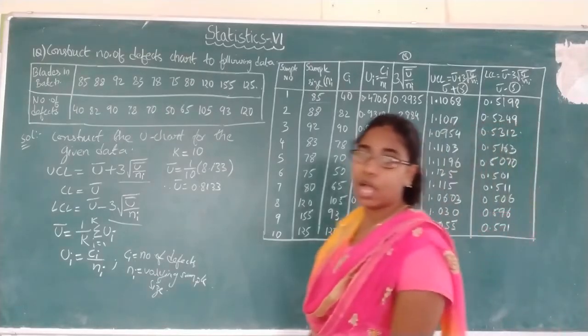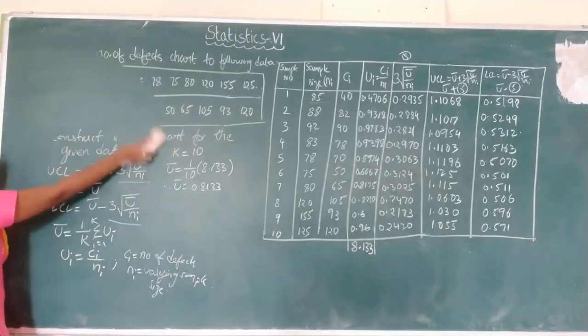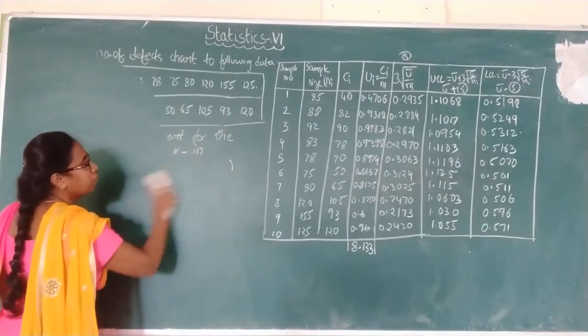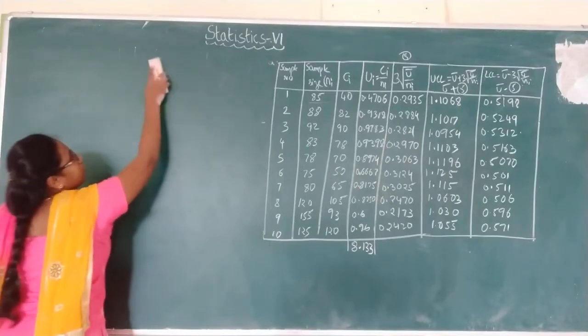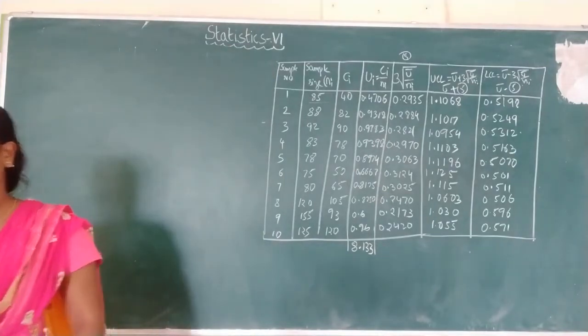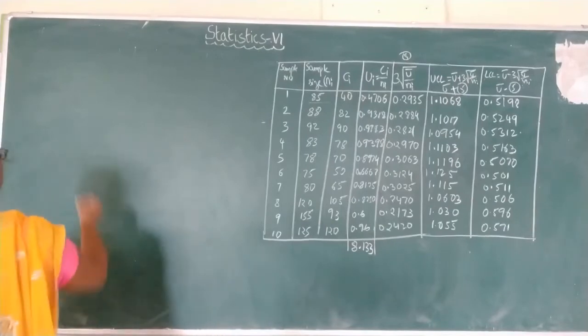Now you have to plot the required UCLs, LCLs and CL value you got in the control chart. And you have to plot all the UI values also. So construct the U chart.